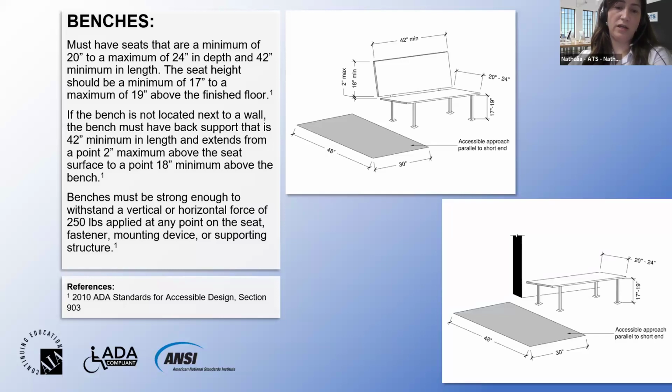If your bench is not located next to a wall, then you have to provide a back support that is 42 inches in length and extends from a point of 2 inches maximum above the seat surface to a point 18 inches minimum above the bench. They must be strong enough to support a load of 250 pounds. So always think of the material if it is complying to the support needed.